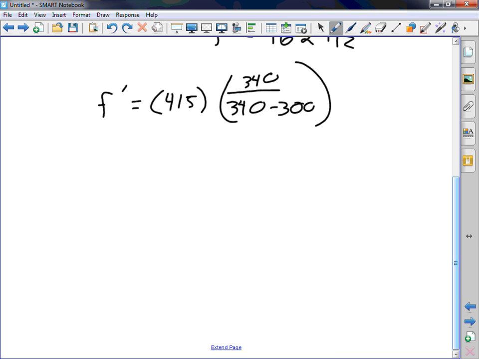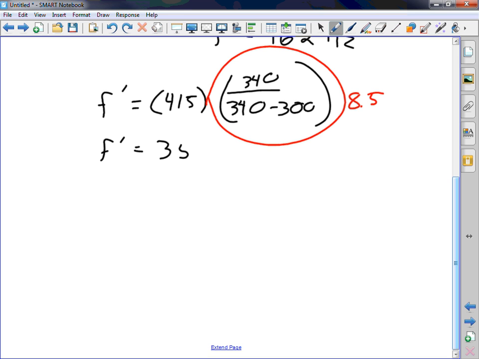Before you even give me F prime, give me this multiplication constant, please, and then give me F prime. 8.5. And so F prime comes out to be 3527. Not worrying about sig figs right here.